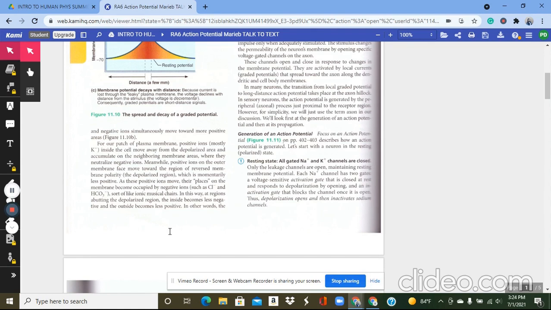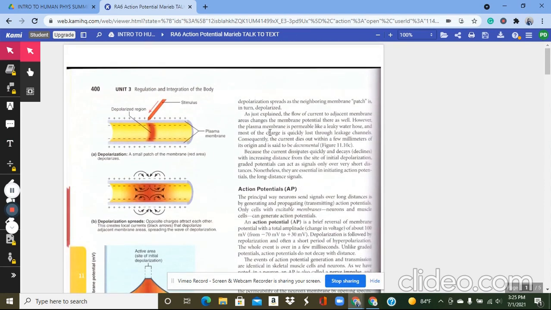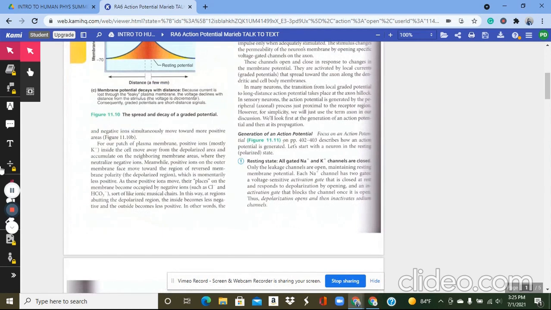As these positive ions move, their places on the membrane become occupied by negative ions, such as chloride and, I believe, bicarbonate, sort of like ionic musical chairs. In this way, at regions abutting the depolarized region, the inside becomes less negative and the outside becomes less positive. In other words, the depolarization spreads as the neighboring membrane patch is in turn depolarized.